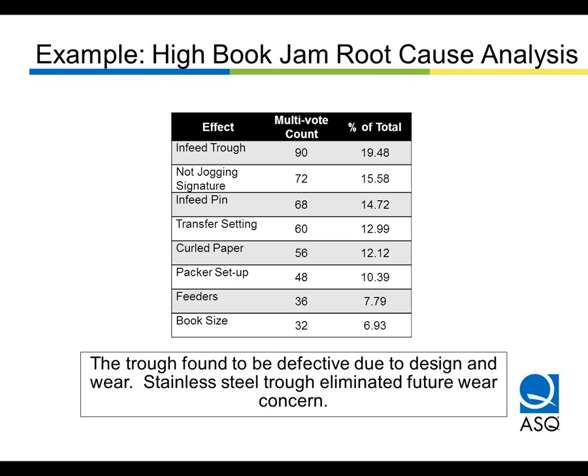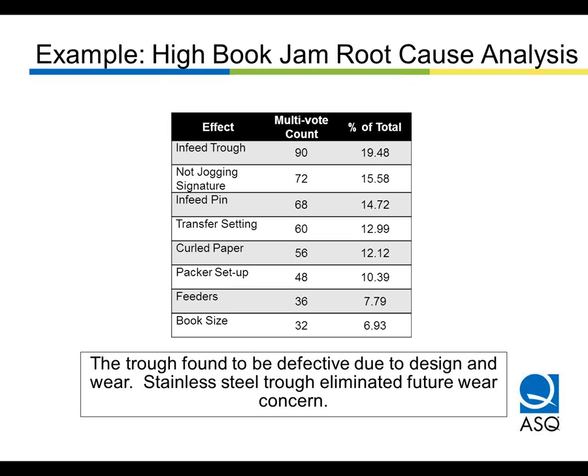The in-feed trough received the highest vote count. Upon investigation, the team found that the trough was worn unevenly, and this was due to its design. In working with maintenance and engineering, they were able to make a new trough out of stainless steel that not only eliminated the present issue, but eliminated future wear concerns.